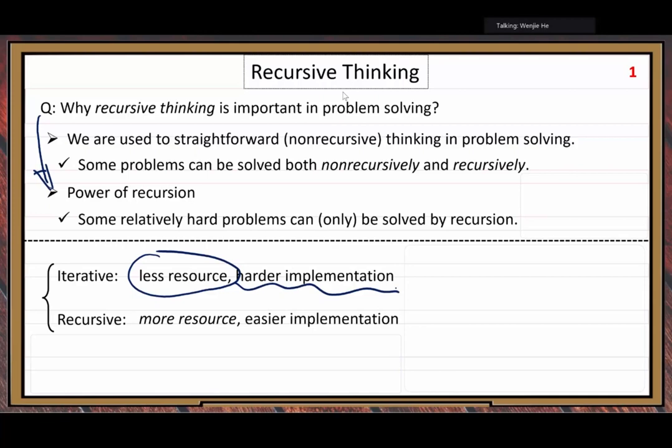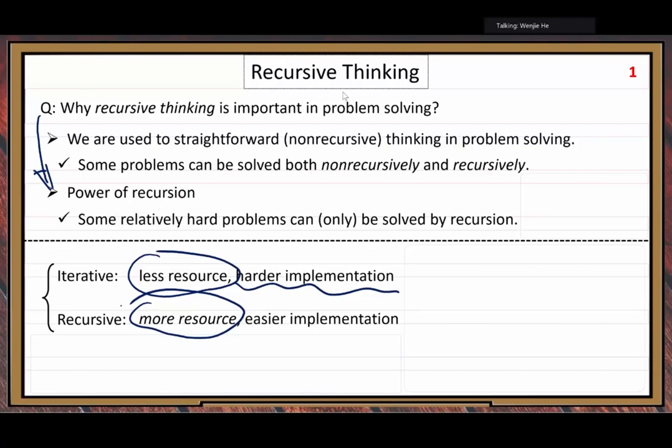Let me explain why a recursive algorithm needs more resource. You need to pay more. Nothing is free, right? In order to get this powerful tool, you need to pay more in computing resource.